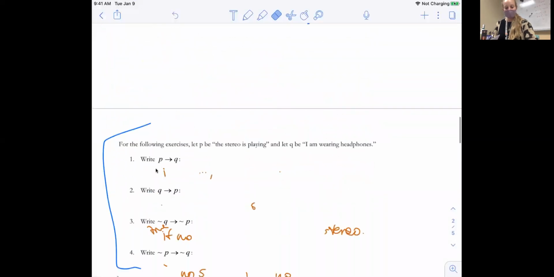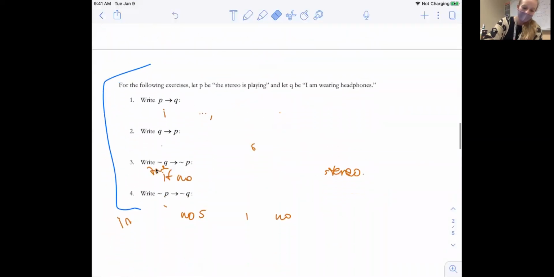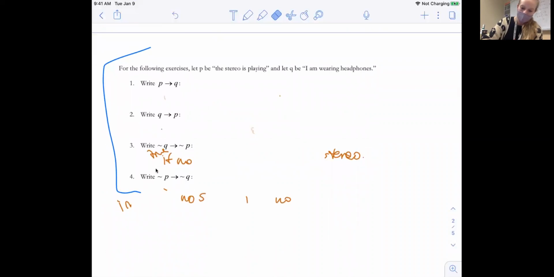So take a second, try it on your own. It's a nice little brain warm up for us. Just like you get warmed up in other things, got to get warmed up in math.